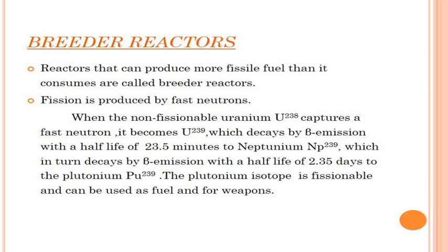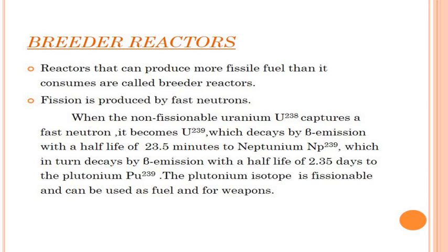For example, uranium-238. Uranium-238 is a non-fissionable nucleus. Now, when this uranium-238 captures a fast neutron, it becomes uranium-239. This uranium-239 is in an excited state, isn't it? So it undergoes a decay process, beta emission, with a half-life of 23.5 minutes.